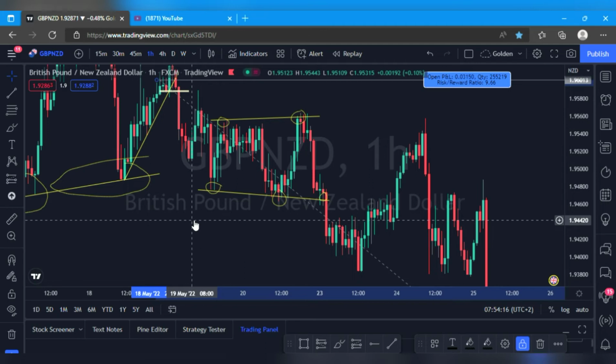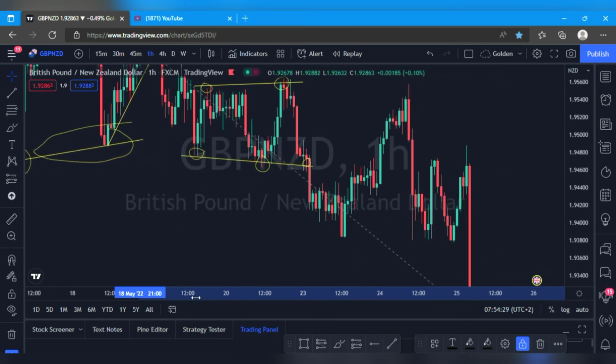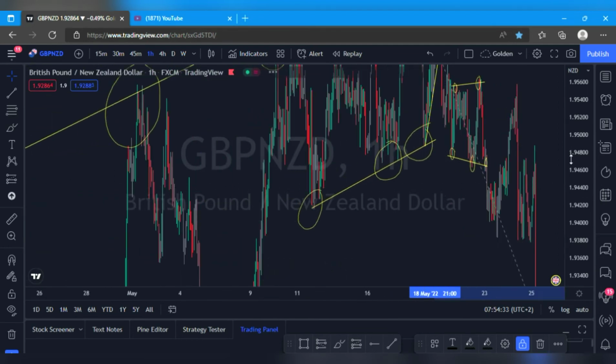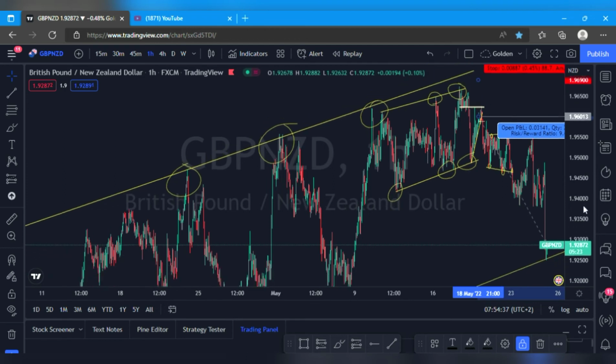So on this chart right here, we will be looking for sales only, because the overall trend of this market is a sell. On these lower time frames like the 1 hour, we will be looking for sales only.